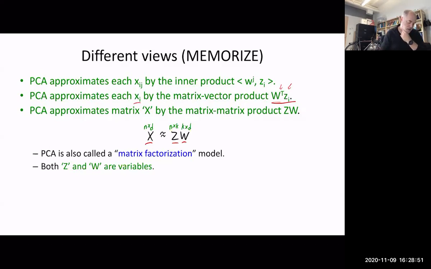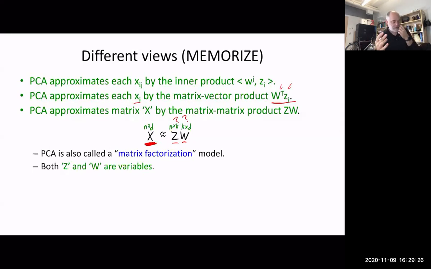Okay. So PCA is also what is called a matrix factorization model. And it should be pretty clear what's going on here. X is the thing that we have. Z and W are the unknowns. So I'm going to hand you an X and a K, and you're going to tell me Z and W. And you should be very well aware right off the bat that this is an under-constrained problem, right?